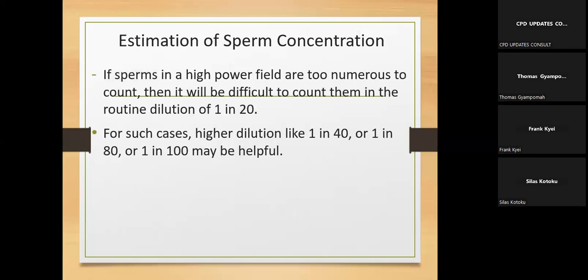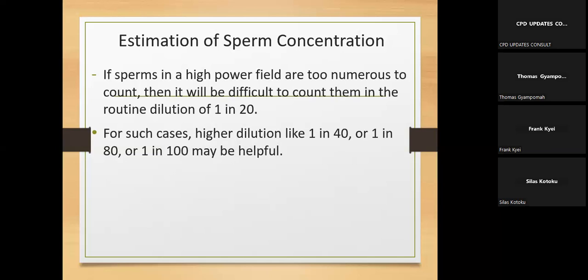If sperms in a high power field are too numerous to count, so that you do a wet mount and then the whole field is filled with sperms, so that you can't even count, then it means that the sperm is of course going to be normal, but the count is going to be extremely high.